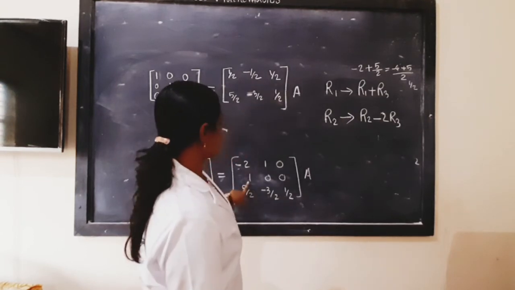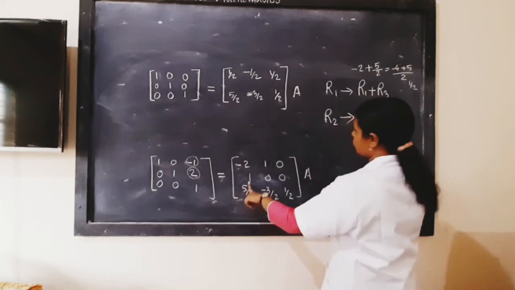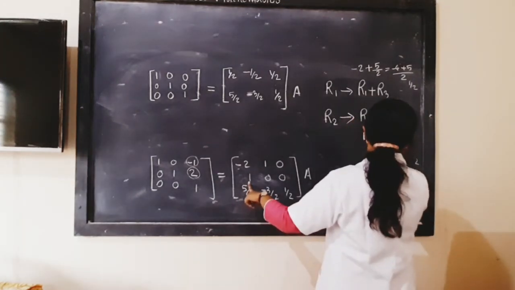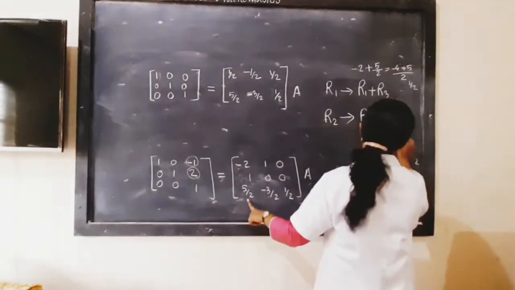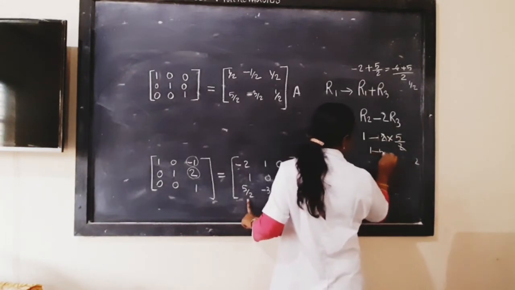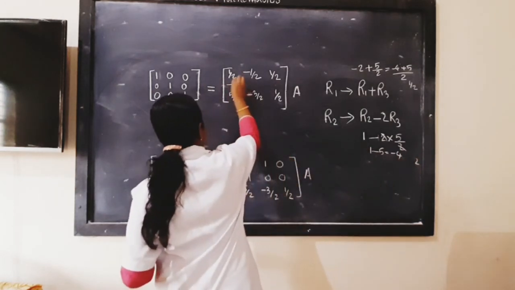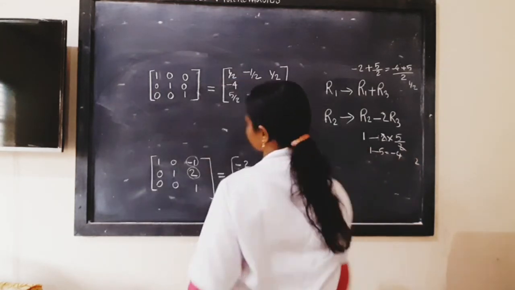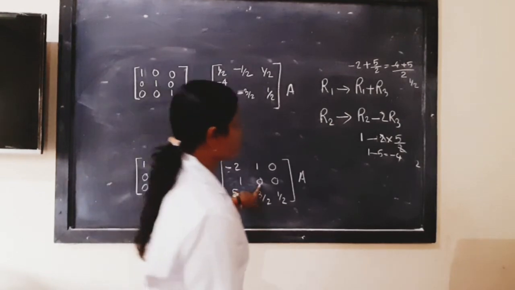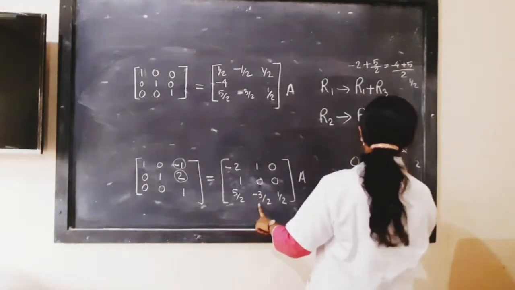Next we write R2 here. For that we use 1 0 0. That is first element is 1. We write here R2 1 minus 2 into R3, here R3 is 5 by 2. Okay, 5 by 2, the 2 gets cancelled. We get 1 minus 5, that is equal to minus 4. Write minus 4 as first element in second row. Next element is 0. So we write 0 minus 2 into R3, minus 3 by 2.